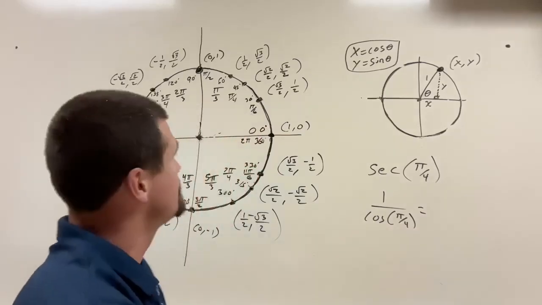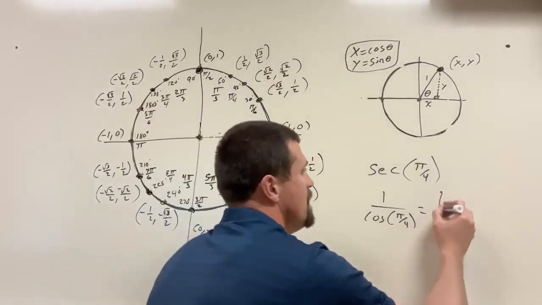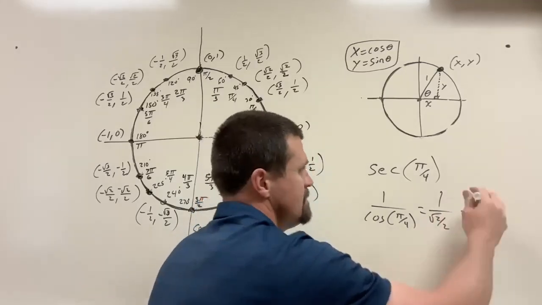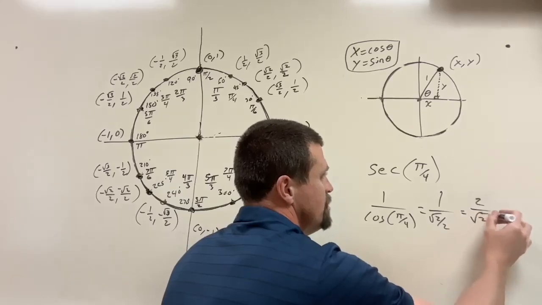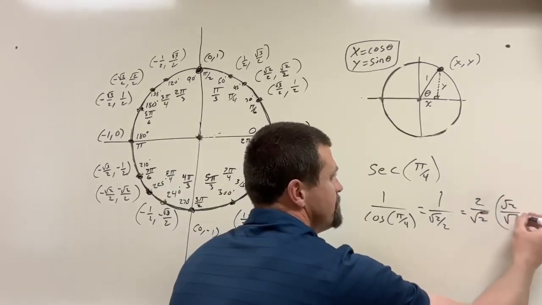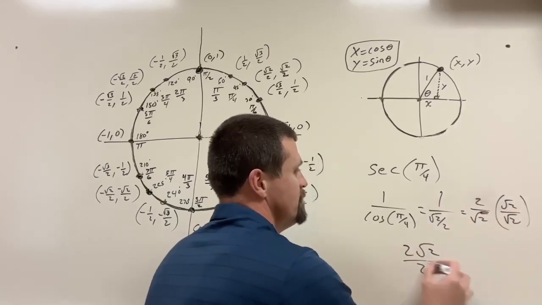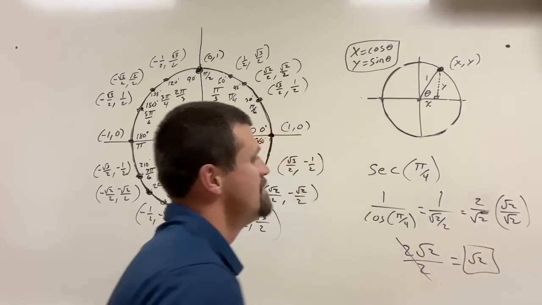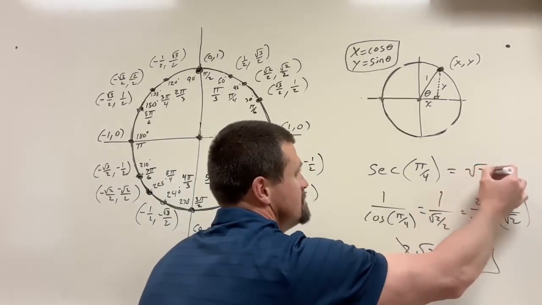Okay? And the cosine of pi over 4 is the x-coordinate. So 1 over the square root of 2 over 2. And then we would flip and multiply when we divide fractions to 2 over square root of 2. Rationalize the denominator. We end up with 2 square root of 2 over 2, which just equals the square root of 2. Okay, and that's the secant of pi over 4.